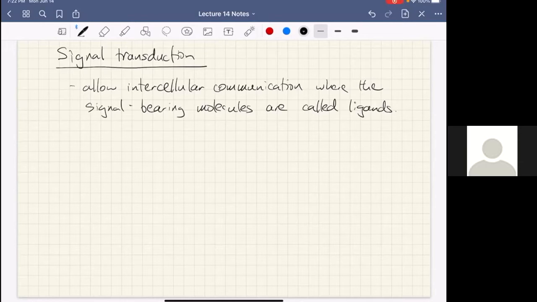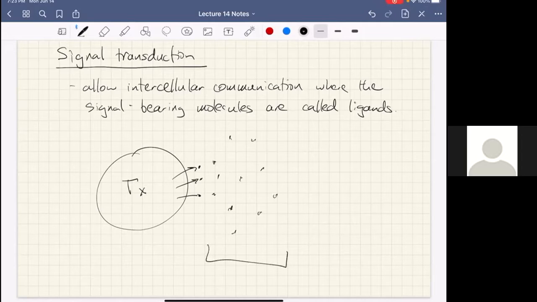Basically the setup we have is this. We have a transmitter cell. The transmitter emits molecules. These are the ligands. The ligands will propagate via Brownian motion. And the receiver will absorb these.